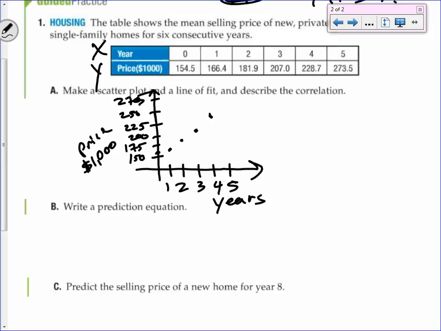And then 5 and 273.5 will be up here really close to that 275.